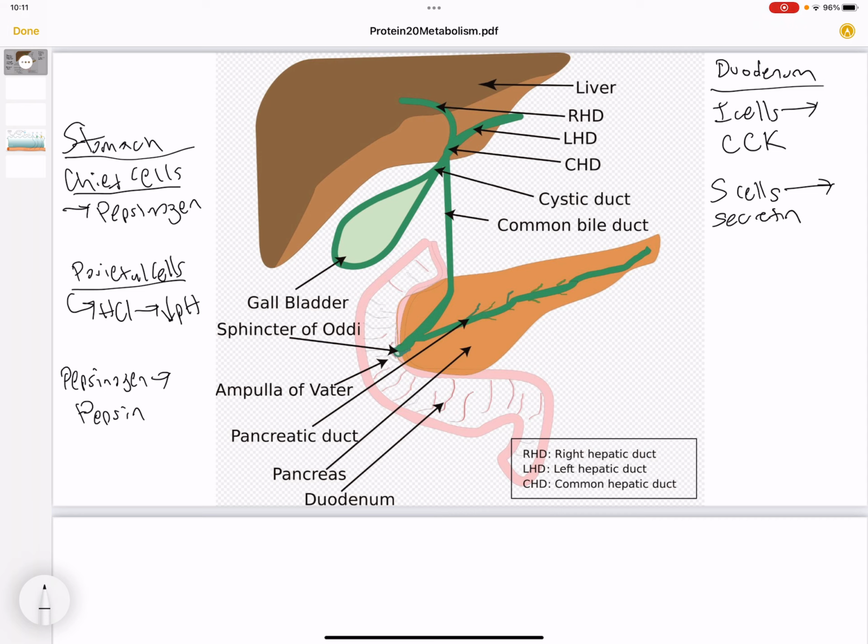Now, the hormone secretin has two different functions. One of the functions is to stimulate the liver to produce more bile, which is important for the emulsification of fats. And the other function, and the most important function, is to control the pH of the duodenum.